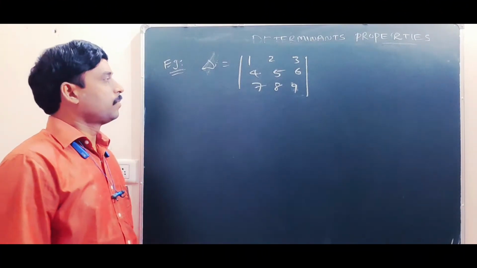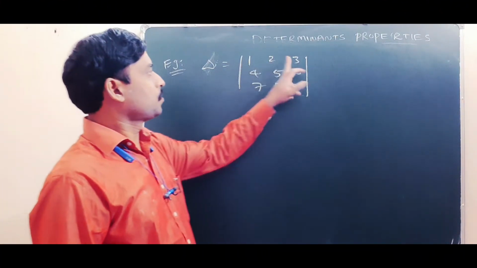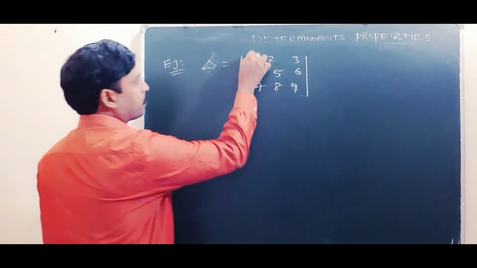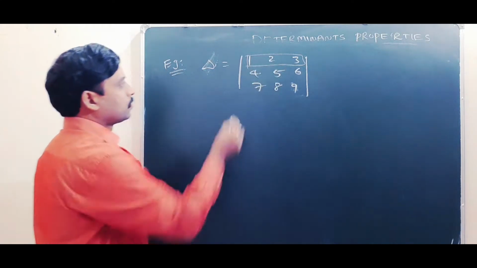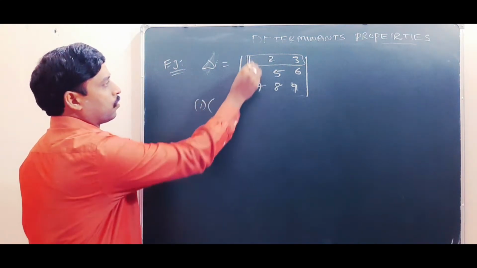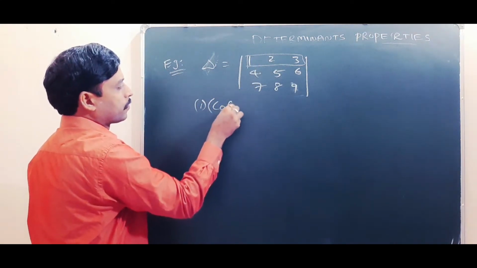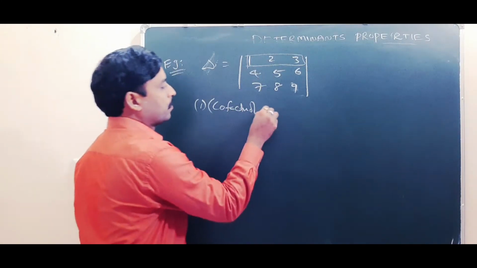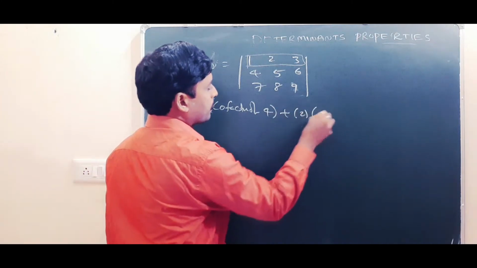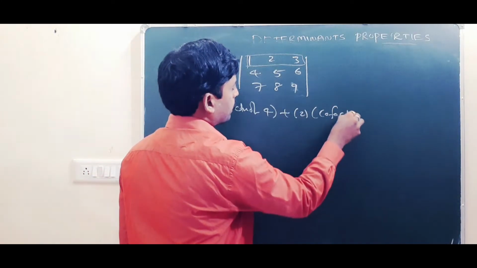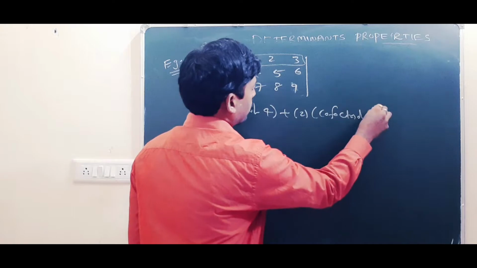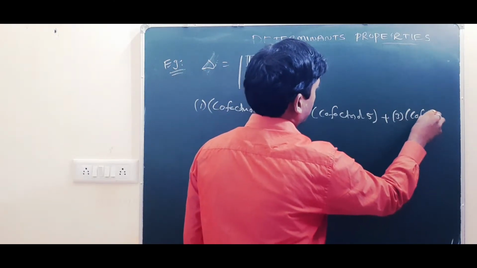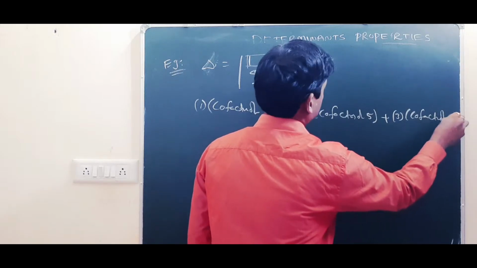Okay, I give one example. Delta is equal to the determinant of 1, 2, 3, 4, 5, 6, 7, 8, 9. Let us take the first row. So 1 into cofactor of the other row, cofactor of 4, plus 2 into cofactor of 5, plus 3 into cofactor of 6.